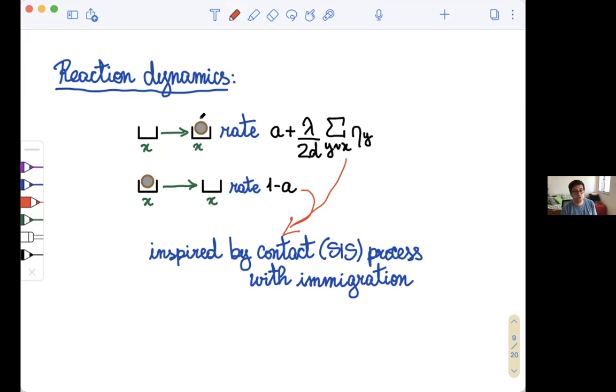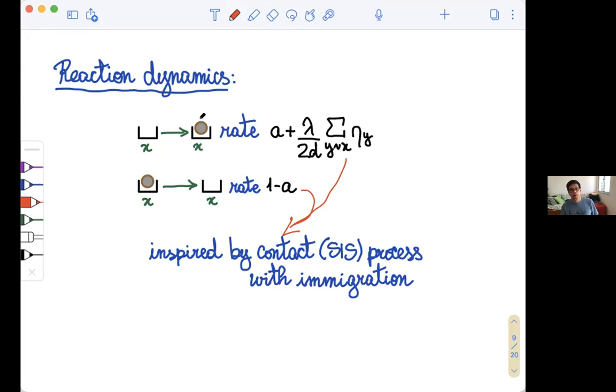Then you are in contact with your neighbors, and your neighbors could infect you with rate lambda, divided by 2d just to not carry a 2d factor in the computations later on. And then an infected individual becomes susceptible again with rate 1 minus a.